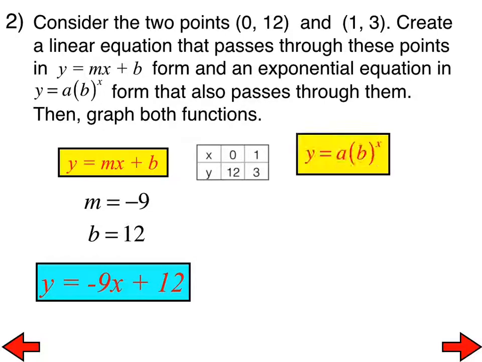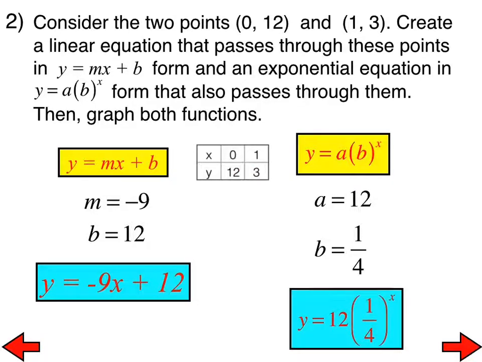For the exponential function, the y-intercept, or the initial value, is 12, so a is 12. And then to go from 12 to 3, we have to multiply by 1/4. 12 times 1/4 is 3, so that makes the multiplying factor 1/4, and that gives us this function right here.